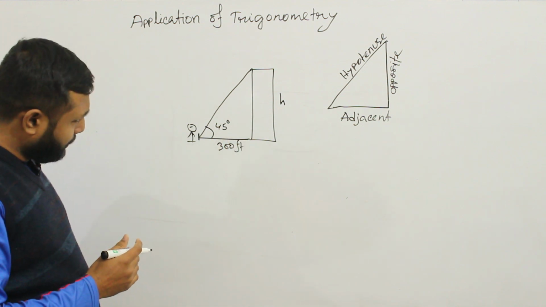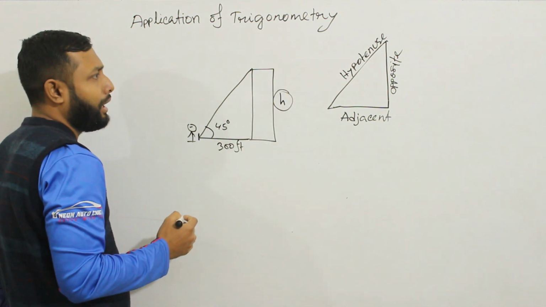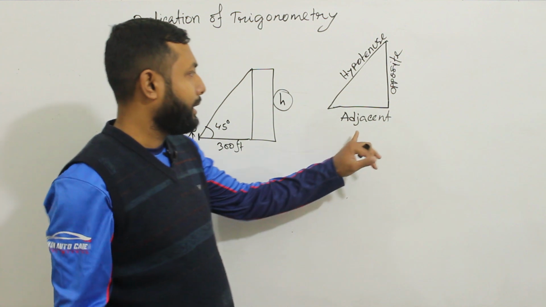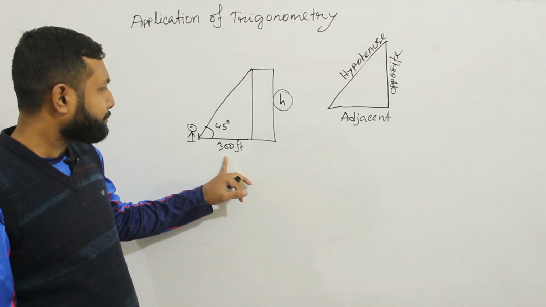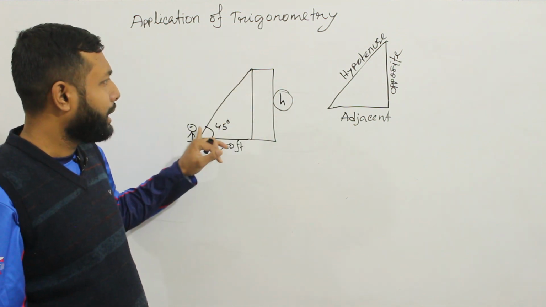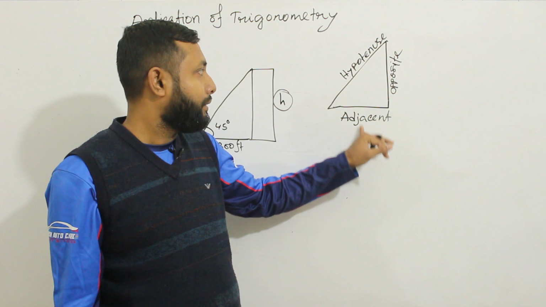In that case, we are able to calculate the height because of the three arms of a triangle. Here we are making a triangle.